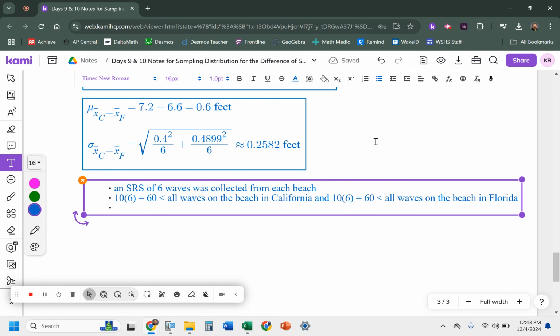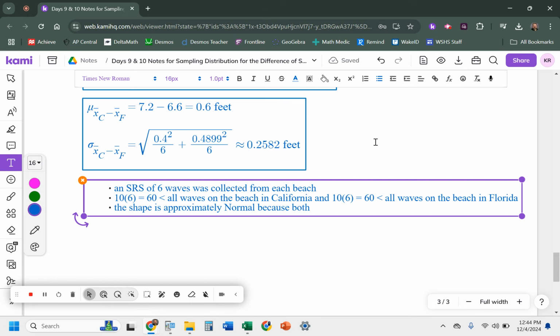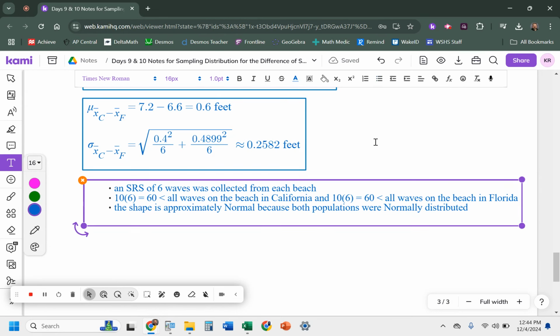So I'm going to say the shape is approximately normal because both populations, I want to be clear on which distributions I'm talking about, both populations were normally distributed. Now remember, if we didn't know that, we would be relying on the central limit theorem, and that would be that the sample sizes are at least 30.